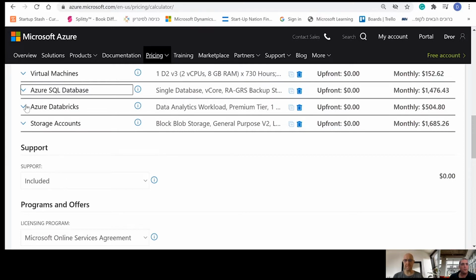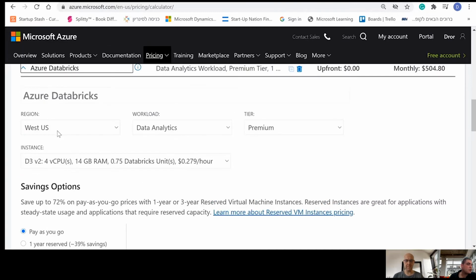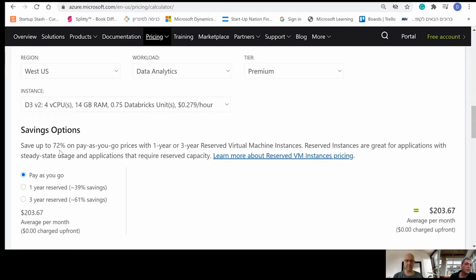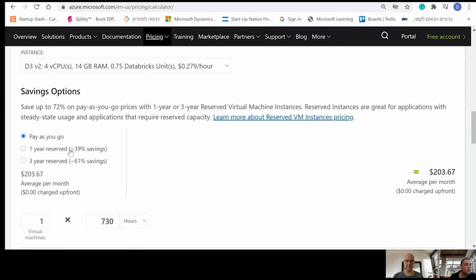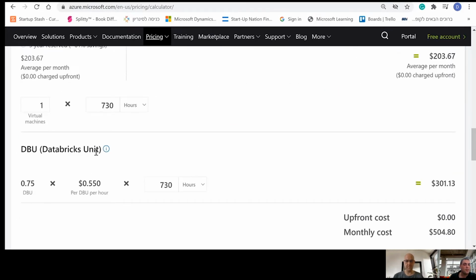Now, another cool thing that I'd like to show you is Databricks. Databricks is a 100% managed service. Of course, the service infrastructure is based on VMs, therefore you can make a reservation on a VM. But another thing that people don't know is that they're going to pay for the DBU, the Databricks unit.